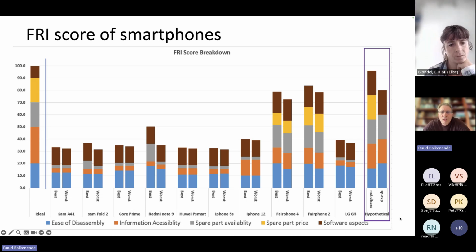And if you have a low score on, for instance, ease of disassembly of one of the priority components, you can still have a reasonable score for disassembly at large, and all the other scores can be optimal, so you can reach a very high value. This is something that can be easily tackled by not simply adding all the subscores, but by introducing, for instance, threshold scores, and that's one of the results that, as a conclusion of that European project, we have proposed.